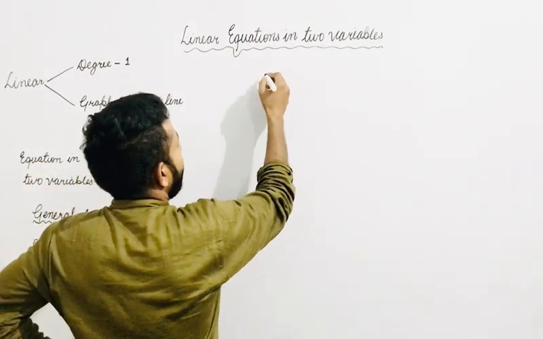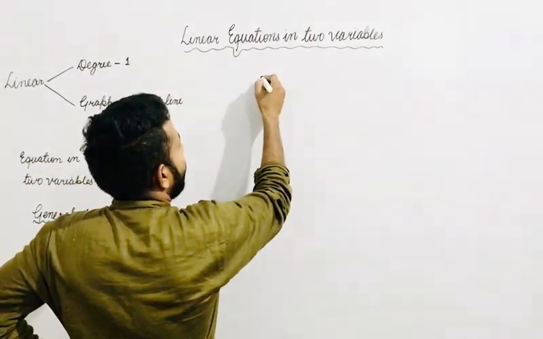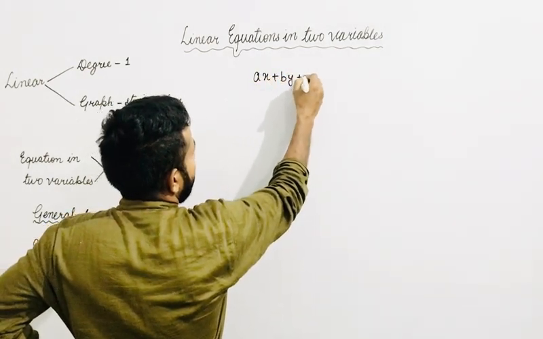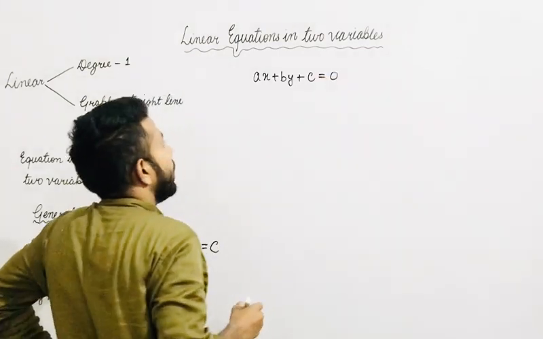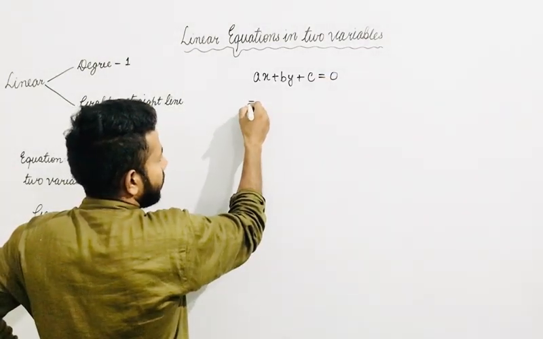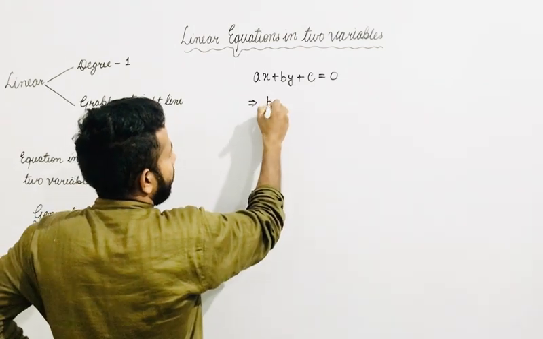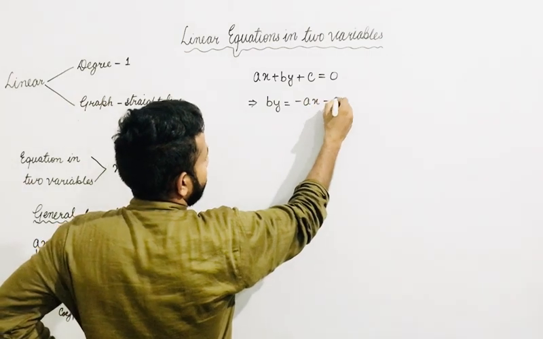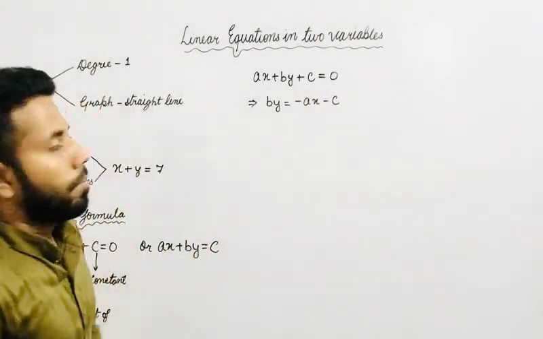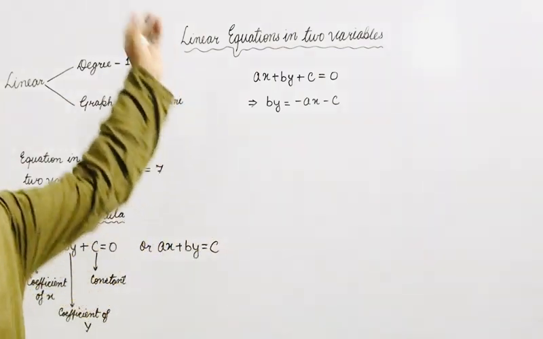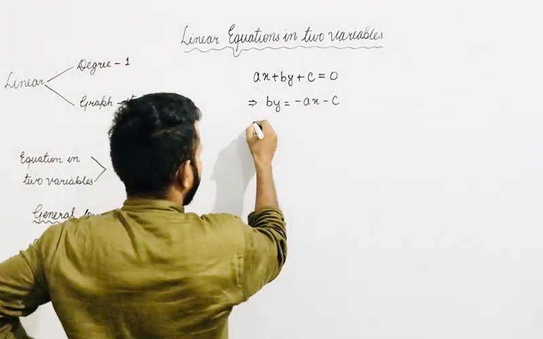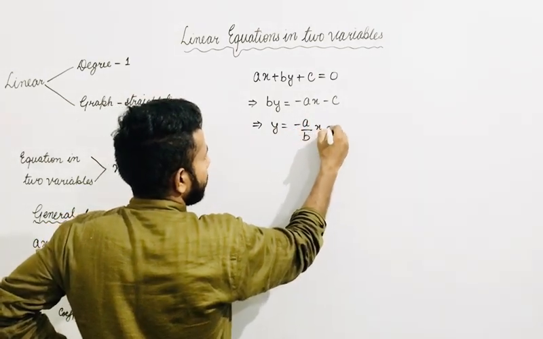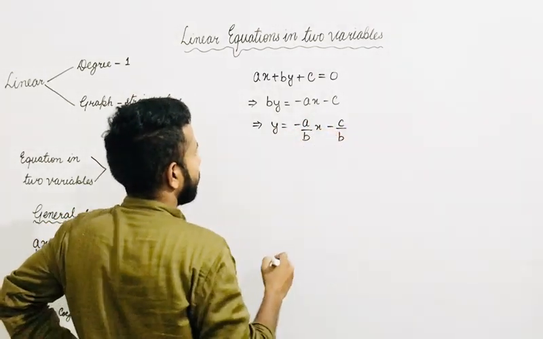The general formula of a linear equation in two variables is ax plus by plus c equals to 0. In order to find the slope, what we need to do is put by this side, then it will be minus ax minus c.